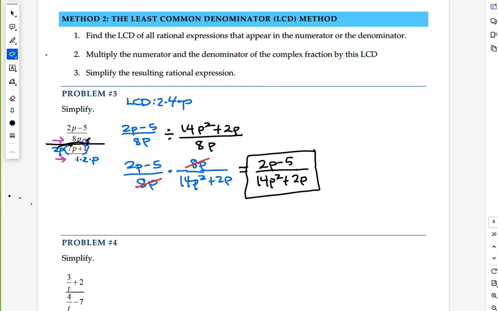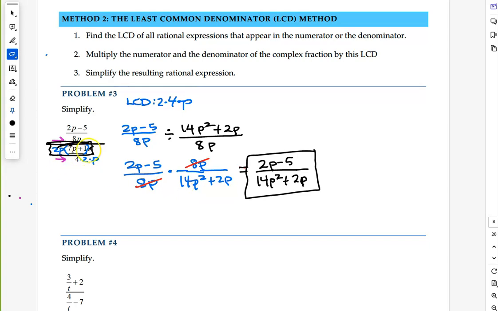Okay, and if you left it in the factored form over there, it would still be accepted. So sometimes instead of multiplying that through, keeping it factored could be helpful, just so you can make sure there's nothing else. All right, so do you see the difference between these?